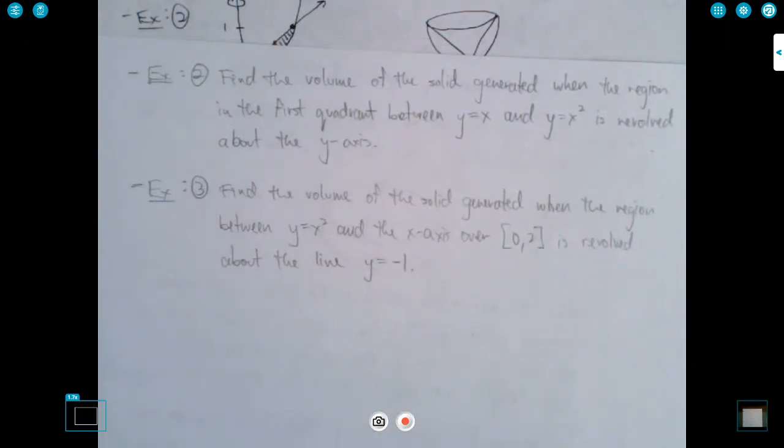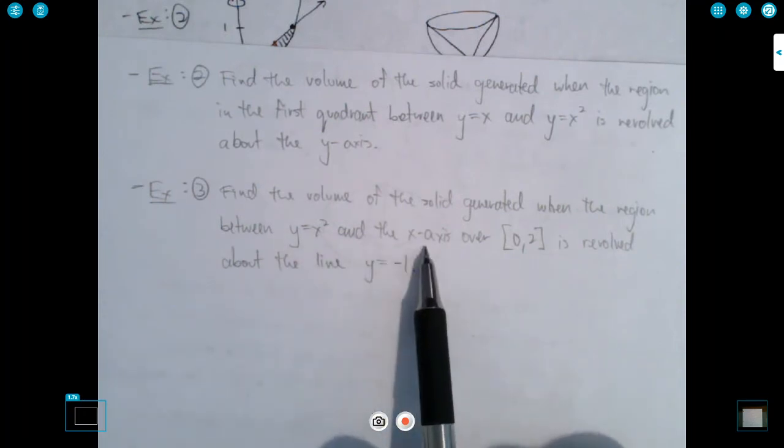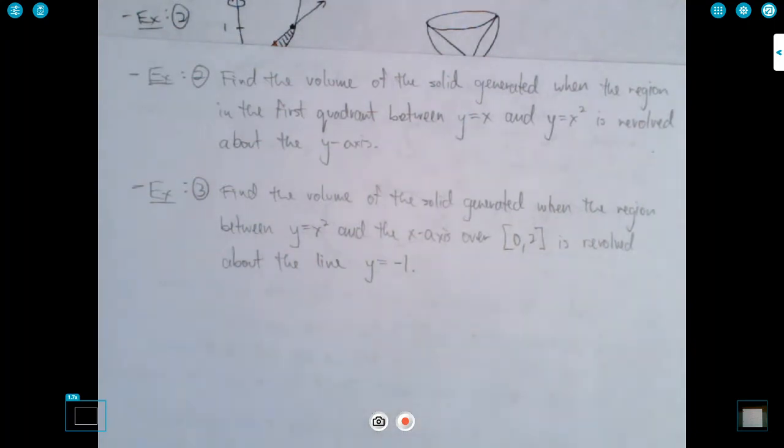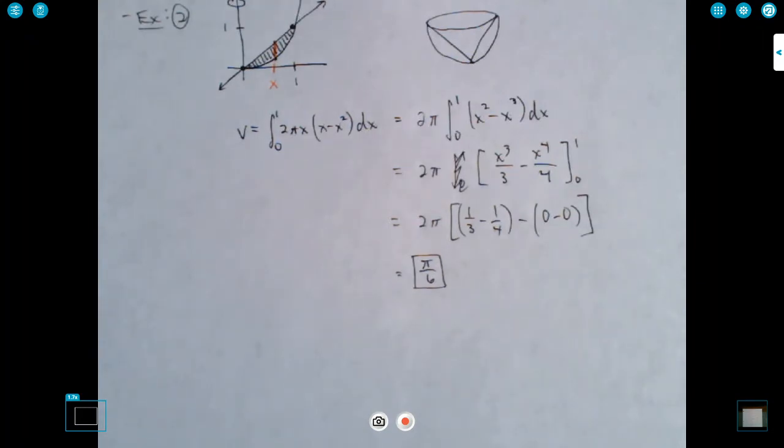It says find the volume of the solid generated when the region between y equals x squared and the x-axis over 0, 2 is revolved about the line y equals -1. Let's take a look.